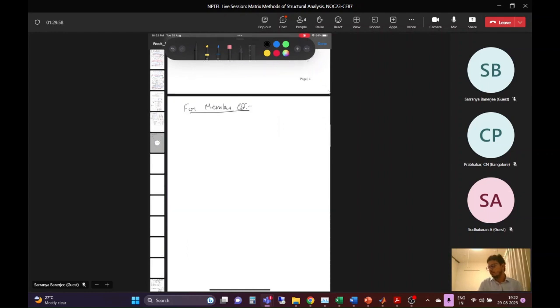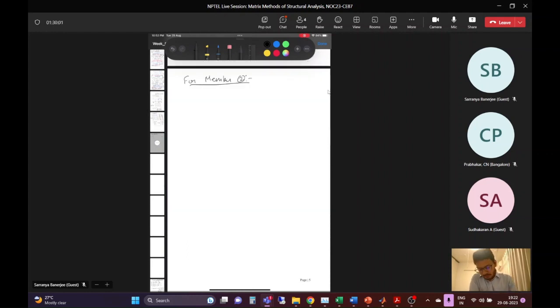For member 2, let's move on to member 2. What are the degrees of freedom for member 2? 5, 2, 4, 1. Very nice. So again we'll calculate the different values.